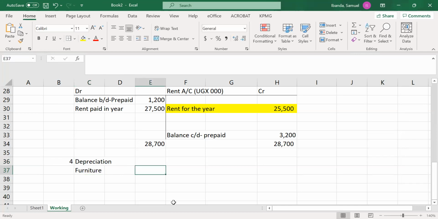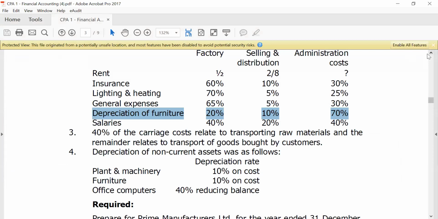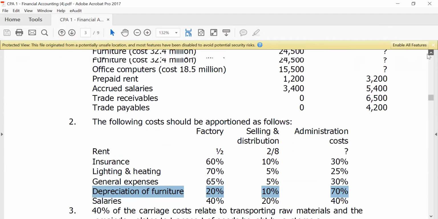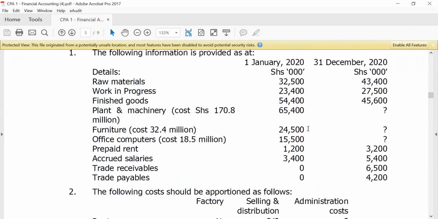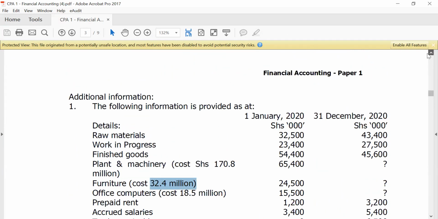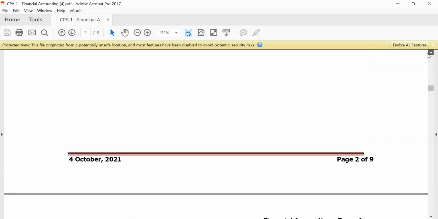So furniture, we have the information that is given to us, as we can see from the additional information here. So furniture, we started with 24,500 as the net book value, and the cost was 32.4. Let's see if there was any additions to furniture in the cash book.